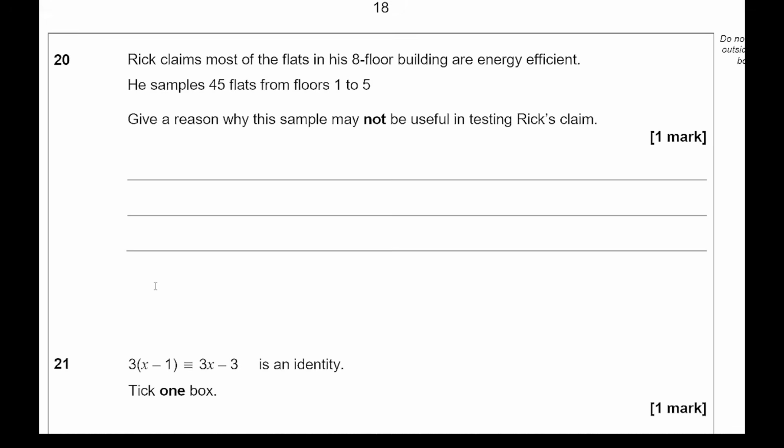But you want something along the lines of that not all the flats may be the same. So in other words, if you've got a 4-bedroom flat, that might be different in terms of energy efficiency to, let's say, a 1-bedroom flat.